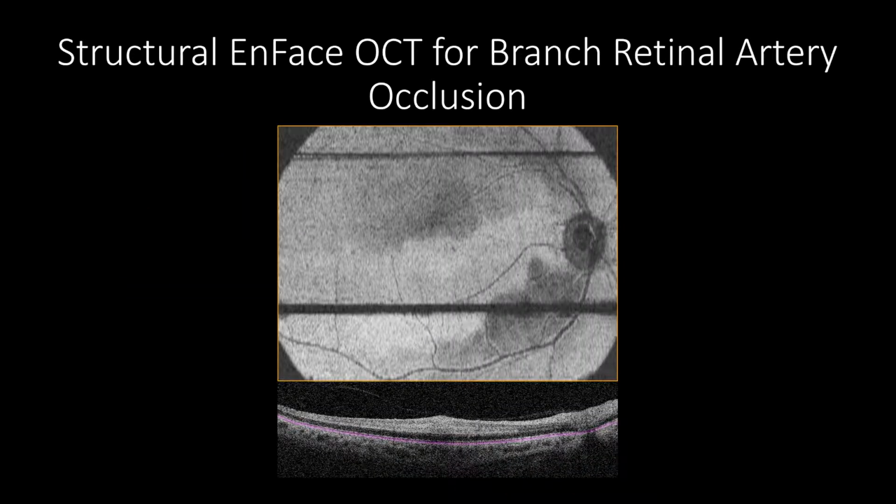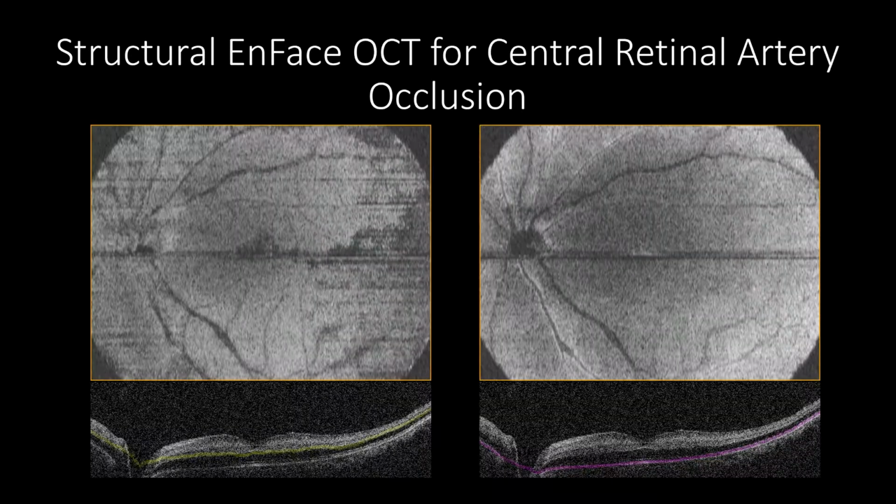The RPE slab will show reverse color of the INL IPL slab. For example, the involved area that appears hyperreflective in the IPL INL slab in the RPE slab will appear hyporeflective and vice versa. This is due to projection artifacts. Please note the blink artifact.